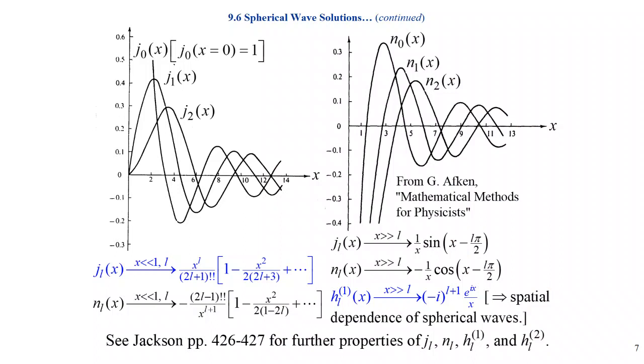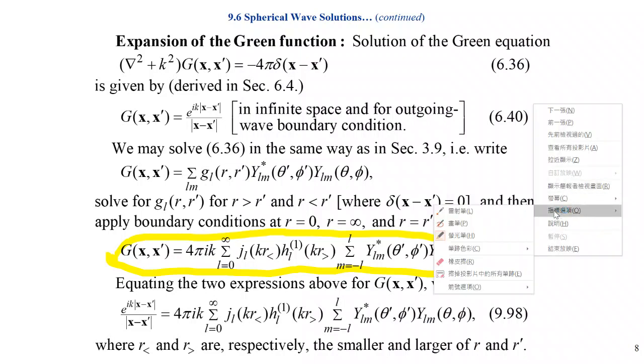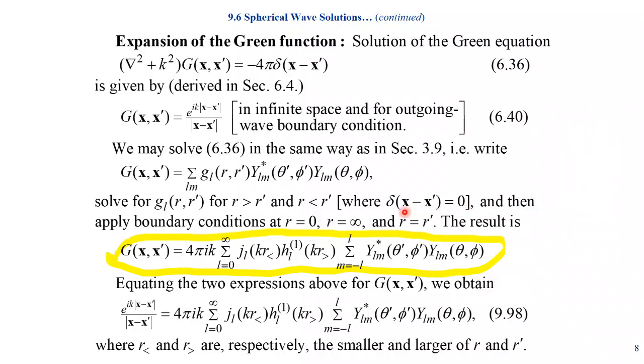So this is finite, but this one will be infinite. So this equation will become 0. Makes sense. Of course, we do not check the delta function condition, but just like the previous case, we think it's probably correct.